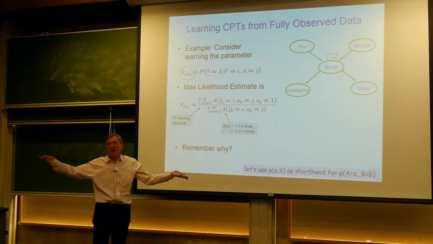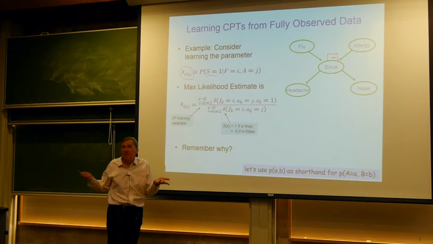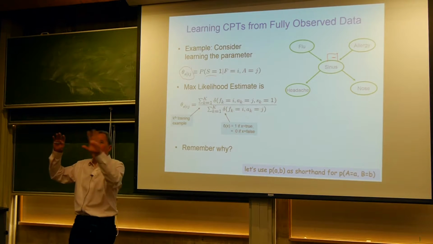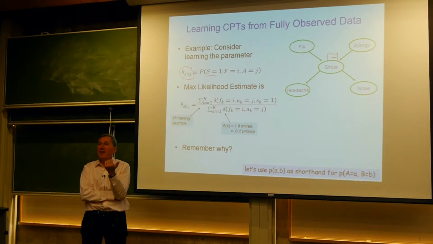Right, so it's just our standard maximum likelihood estimate. And so that's what we do. Actually, if we're in this easy corner number 1 of the 4 possible problems, where we have fully observed data and a given graph structure, then the only thing we have to do is a whole bunch of maximum likelihood estimates.